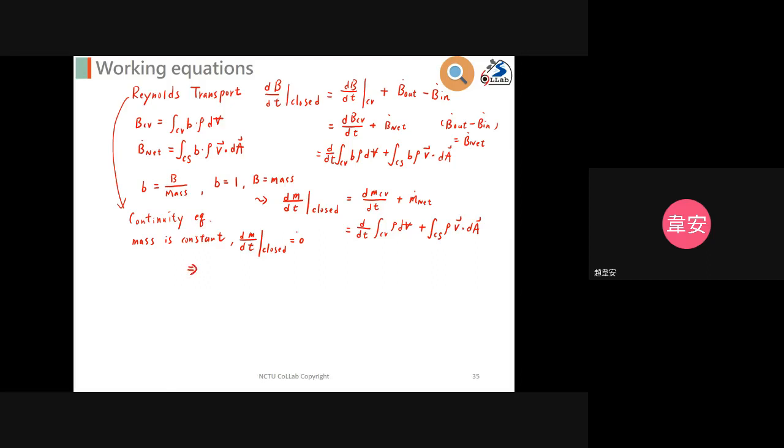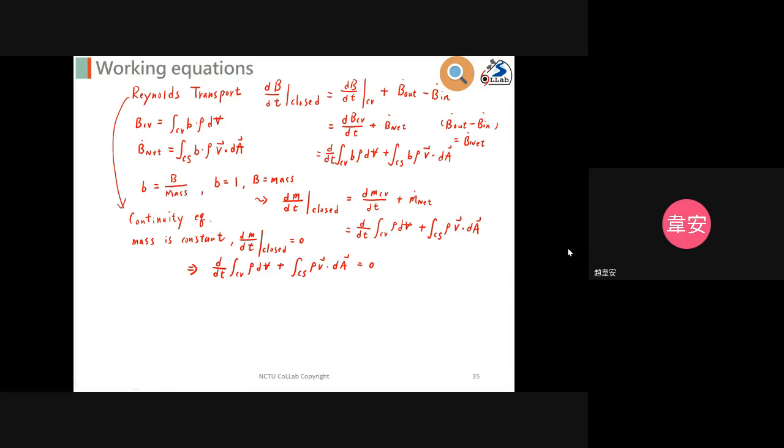So we don't have the term on the left-hand side. We know that d/dt of the mass in the control volume, plus the integral over the CS of rho V dA, is always equal to 0.